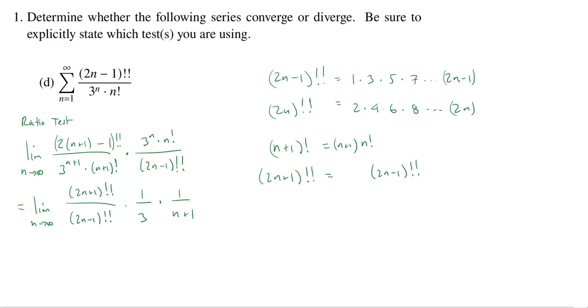That would take you all the way up to 2n minus 1. And then the next term, right, you'd multiply by 2n plus 1. So I'm going to be able to cancel the 2n minus 1 double factorials. And I'm just going to be left with a 2n plus 1. So I'll have 2n plus 1 over, and it looks like, let's say 3n plus 3.